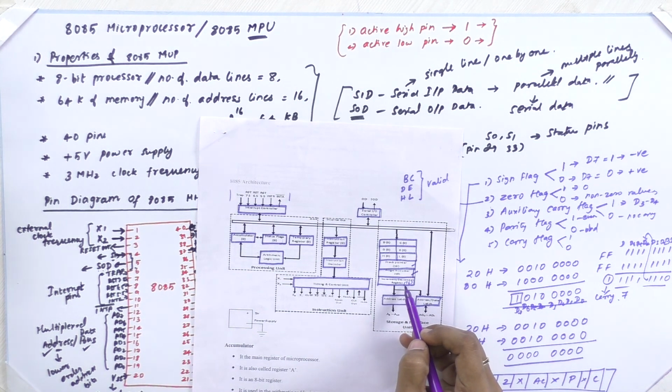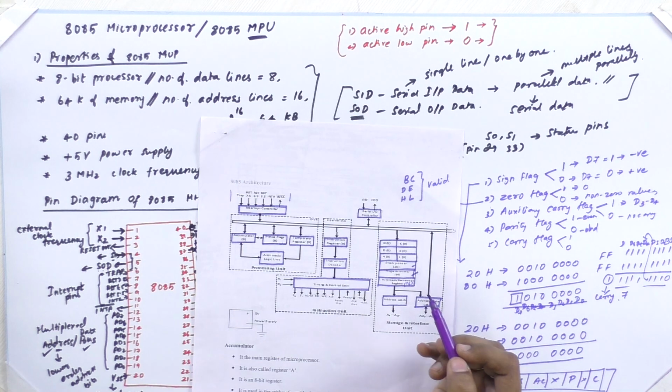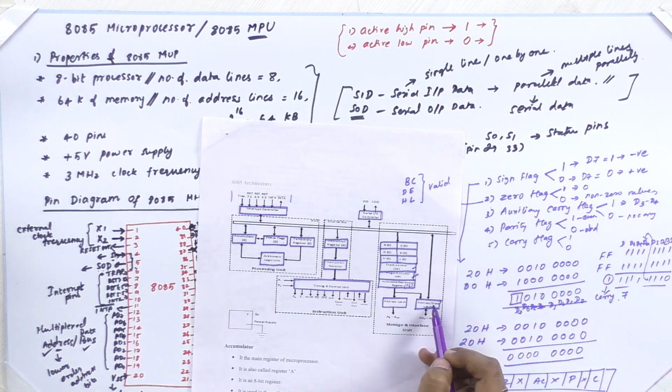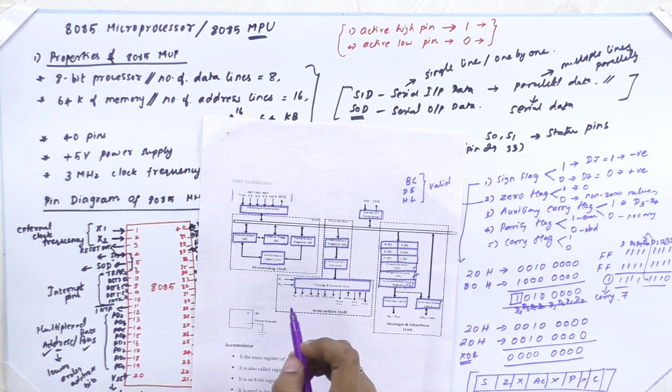The increment or decrement register is used to increment or decrement the values present in the stack pointer and program counter. The address latch is used to transmit the data over higher order address lines, and the address or data latch is used to transmit the address or data values through multiplexed address lines and data lines.